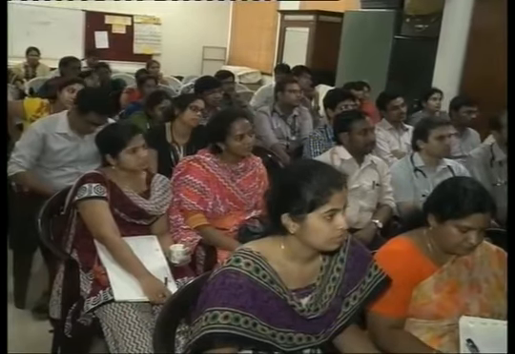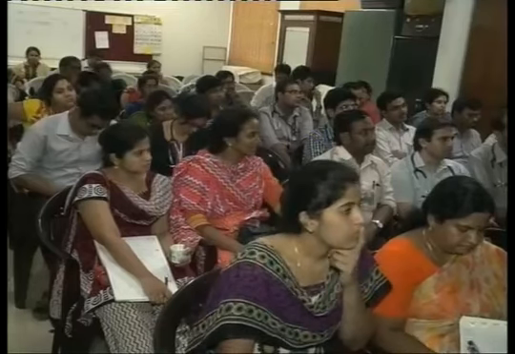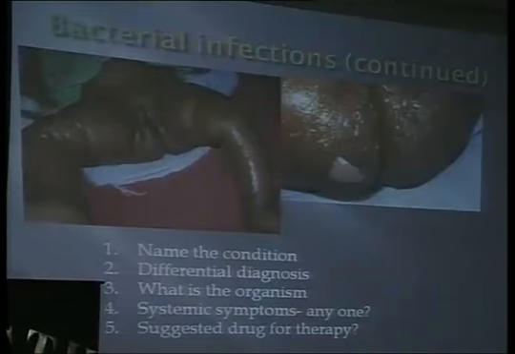The buttocks and genitocrural fold are a very common site for hand, foot, mouth disease. Elbow, axilla, and the abdomen. Just above the diaper area, at the fringe of that margin, you will see a lot of lesions of hand, foot, mouth disease. What is the cause of hand, foot, mouth disease? Coxsackie virus. Which is the commonest type?